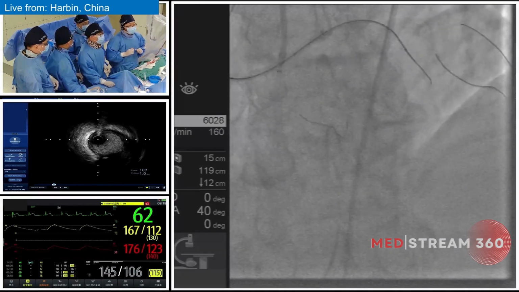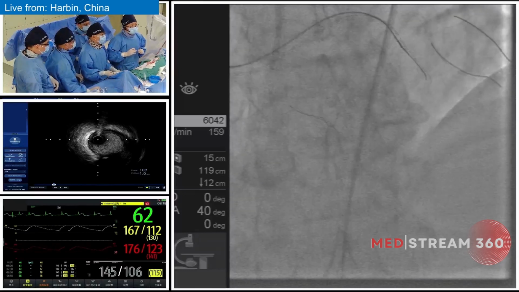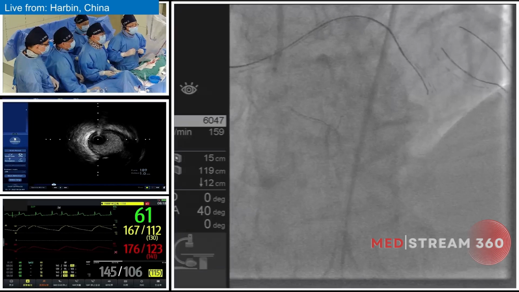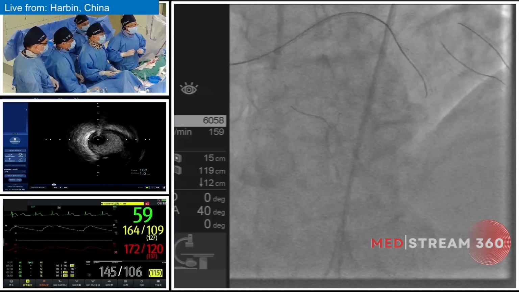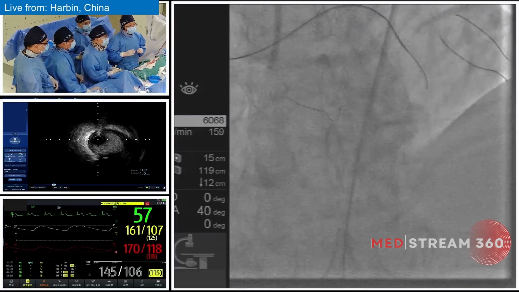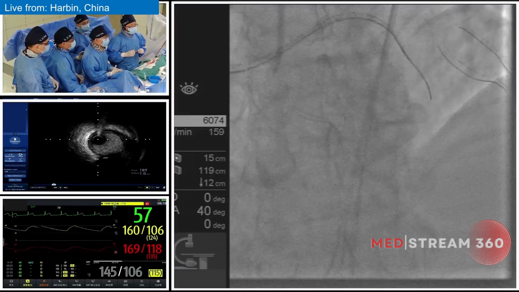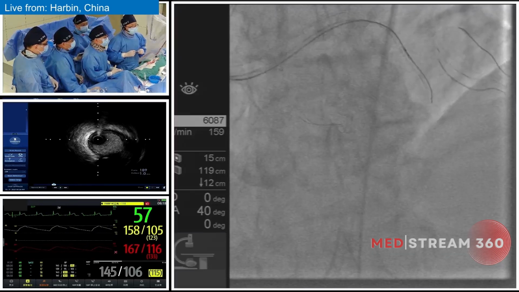Later we switched to ADR techniques, due to the relatively not so long occluded segment. Another very important piece of information is that from the 3D reconstruction and the bilateral angiography, we found there is no important side branch within this CTO occluded segment.